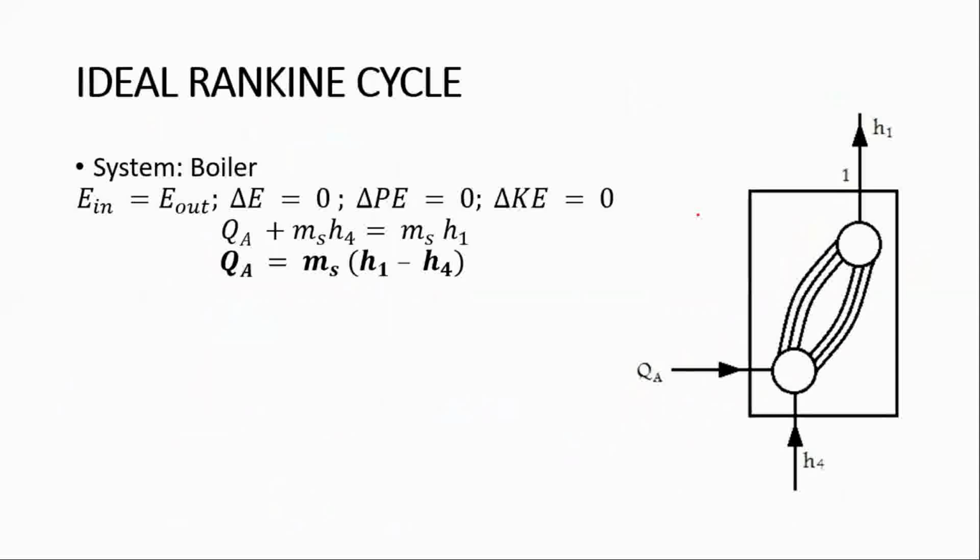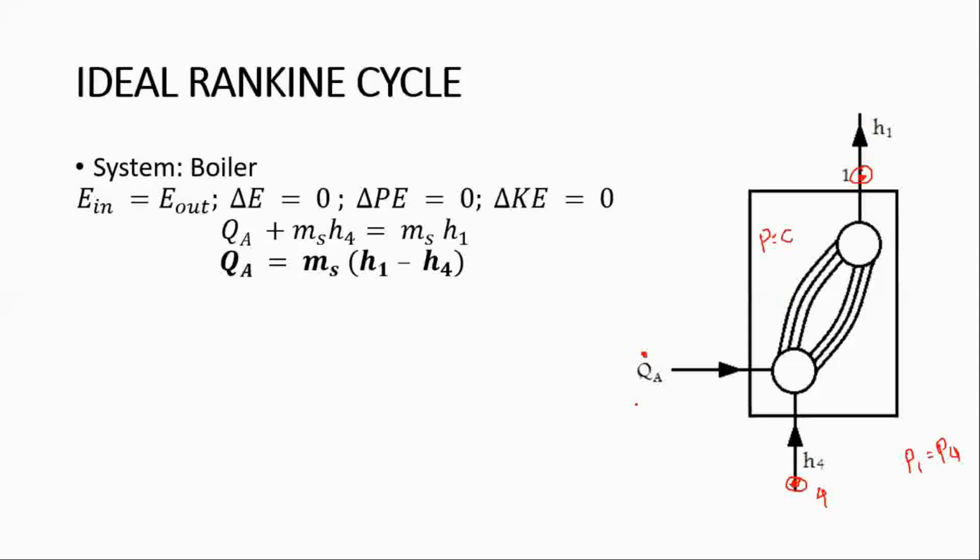For example, meron akong boiler. Obviously, ito ay P is equal to C, isobaric. Ibig sabihin, P1 equals P4. Ito ay 4 to 1. Dito natin pinainitan ang ating steam, so kailangan natin ng heat added.